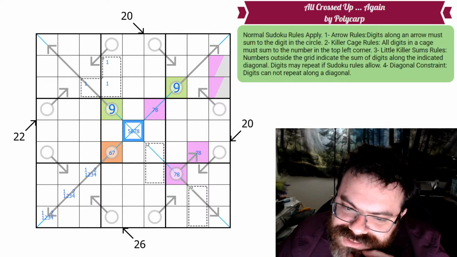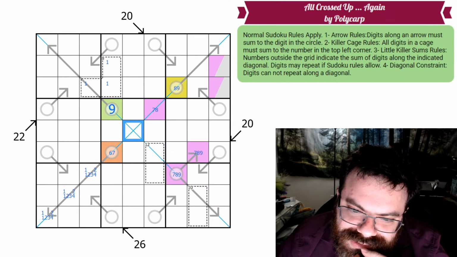So I guess the center is 5, 6, 7, or 8 because the center was 6 in the other case.